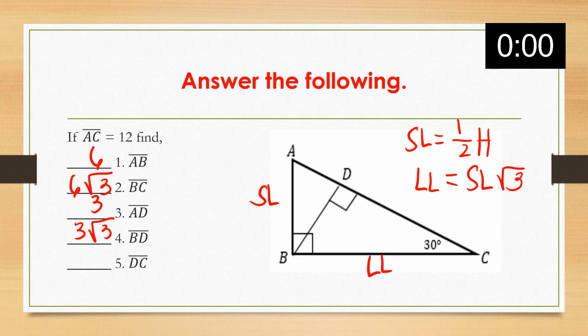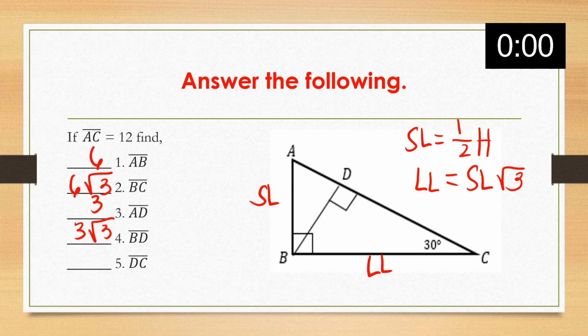Last one. What is the length of line segment DC? As you can see, line segment DC is part of line segment AC. By segment addition, line segment AD plus line segment DC is equal to line segment AC.